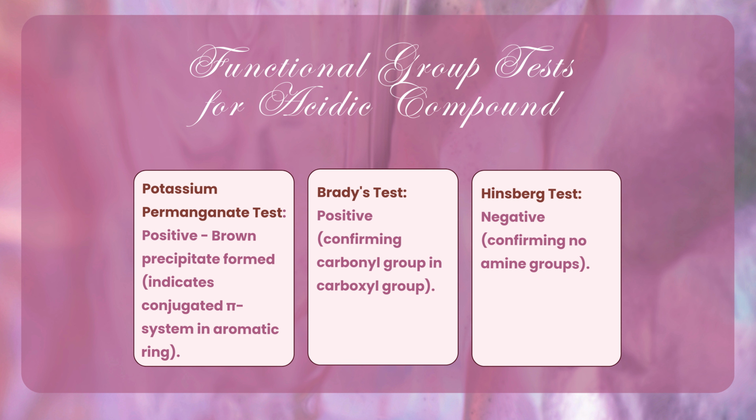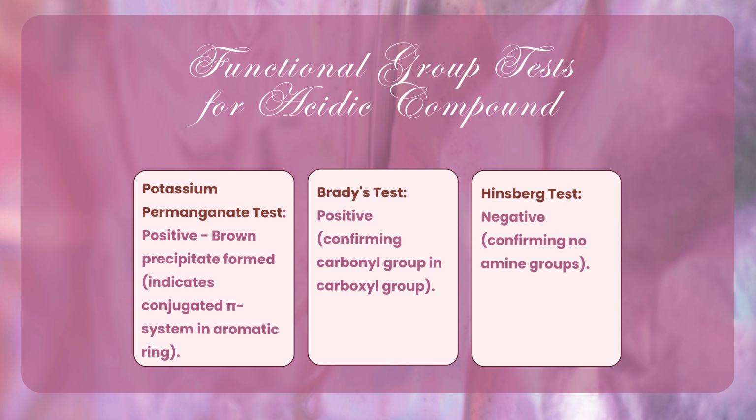So I really thought that my compound should have at least one of them, maybe an amine or halogen group. And finally, I did the Hinsberg test, and it turned out negative, which really convinced me, though it was hard to believe, that my compound actually does not contain any amine or amide functionality or any halogen in it.